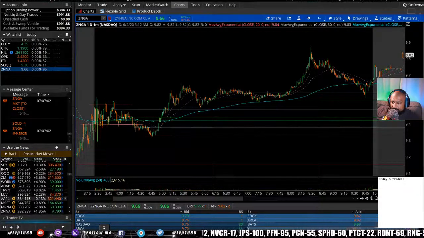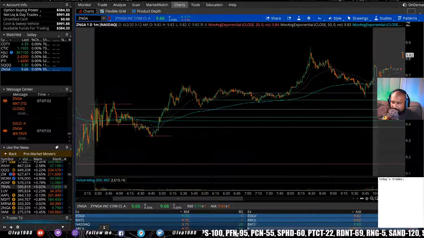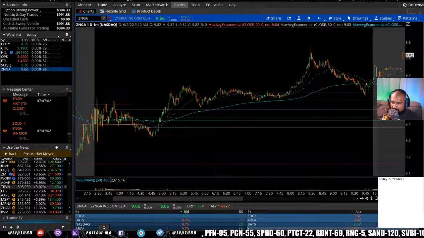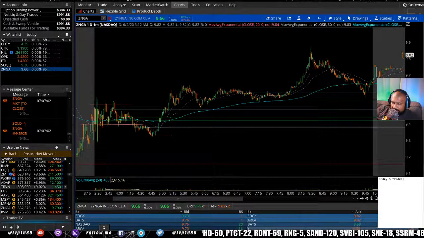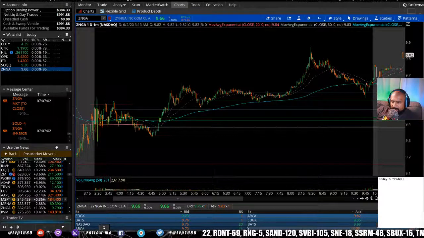Yeah, I'm going to stick to penny stocks. See, the problem with penny stocks is that this one is at $500,000 for volume, but that's just in pre-market, so it doesn't necessarily mean it's going to have a lot of volume when market opens.